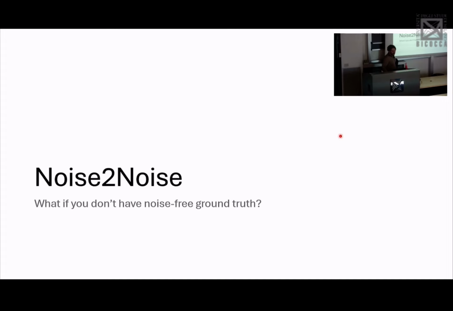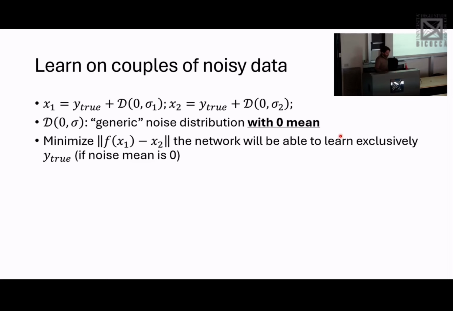Now, another very cool trick is the so-called noise-to-noise training. Now, suppose you don't have the noise-free ground truth. It's not really evident that you should have it. Let's suppose that we have couples of noisy data.